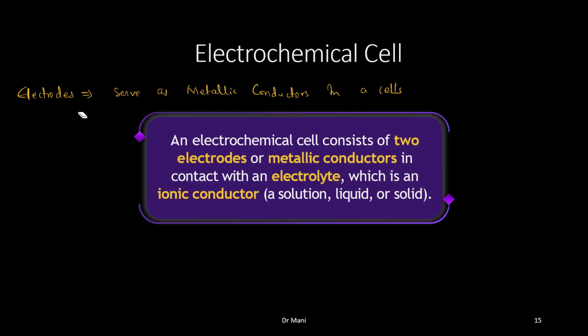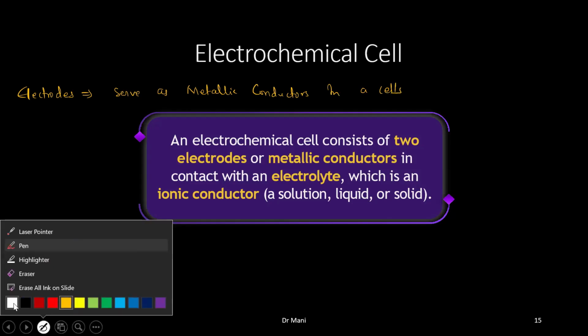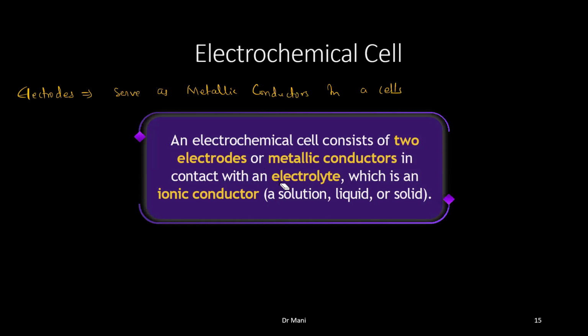Remember, these electrodes provide the surface so that the electrochemical reaction will occur. So where is the electrochemical reaction happening? It's happening on the surface of these electrodes. You may think that the reaction is happening inside the solution. No, it's not happening in the liquid present inside the cell.